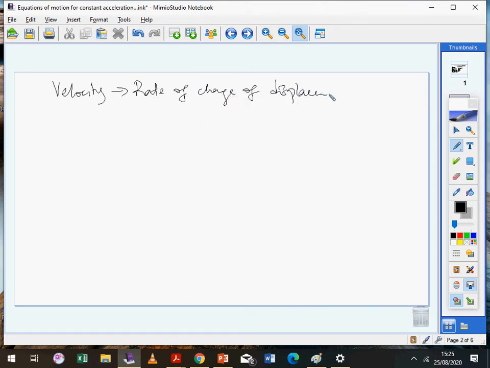So since velocity is the rate of change of displacement, then v will be change in x divided by time. If I substitute for what I know change in displacement to be, this will be x1 minus x0, all divided by time. And if I rearrange this, I get vt is equal to x1 minus x0.